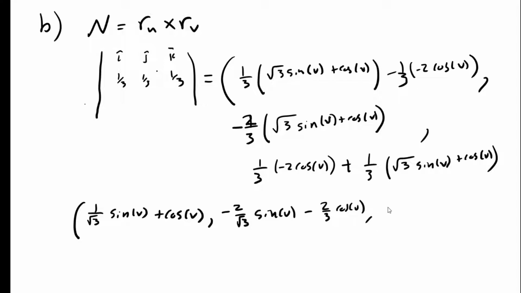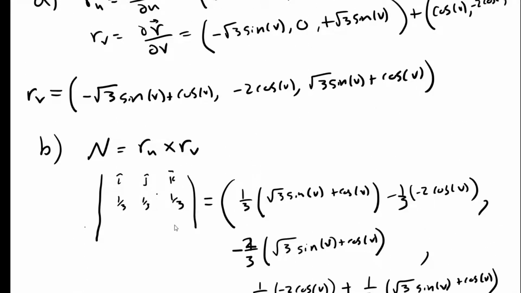And then finally we have minus 2/3 cosine v plus 1/3, so it's going to be minus 1/3 cosine v plus 1 over root 3 sine v. That looks strange. Let's see if I did these signs right. So this is positive sine. Okay, so that's that.